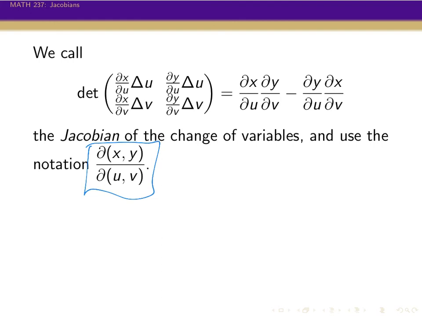Right? And so putting x comma y together over u comma v together really is telling us that we're talking about the determinant of that matrix. Oh, I should not have the delta u's and the delta v's in there. Sorry. Those should be gone. Ignore those.